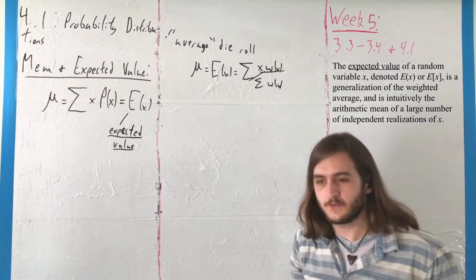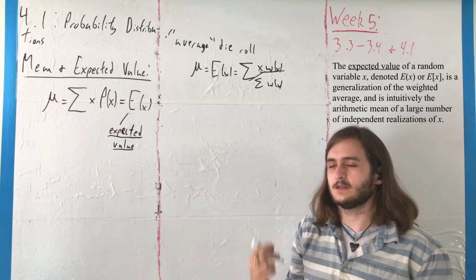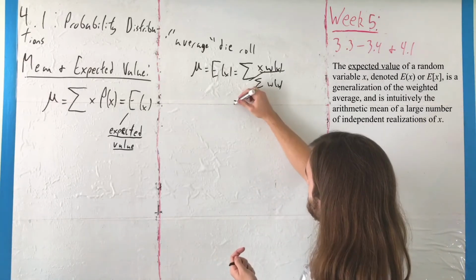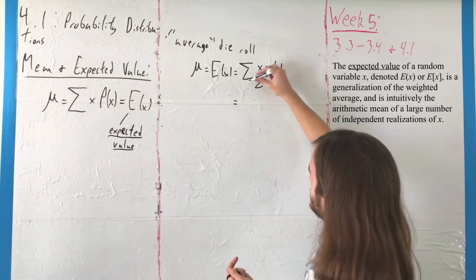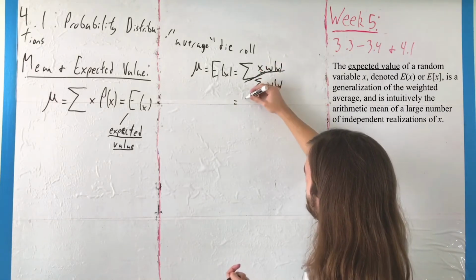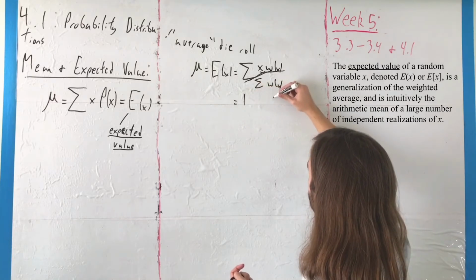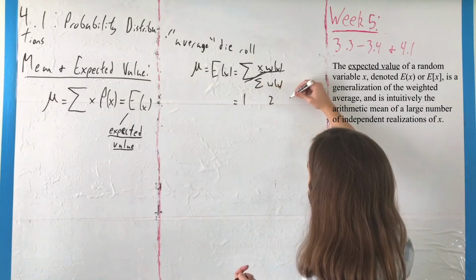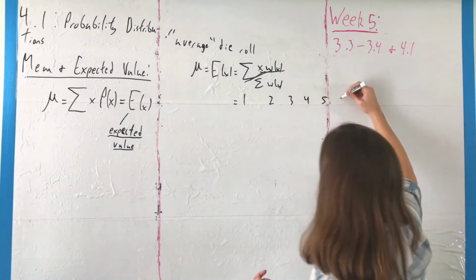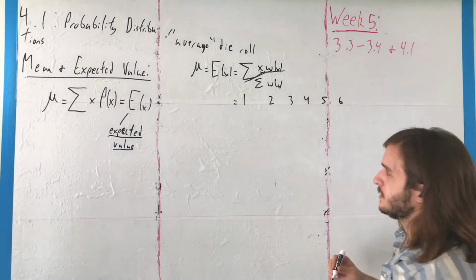It's been a while since I wrote the formula for the weights, and here it's kind of silly because what's going to happen is we have our values, 1, 2, 3, 4, 5, and unfortunately 6 is going to land over here.